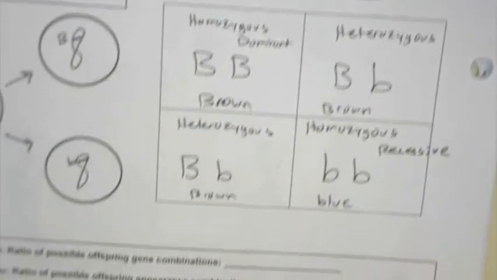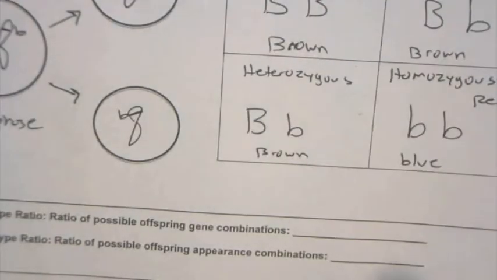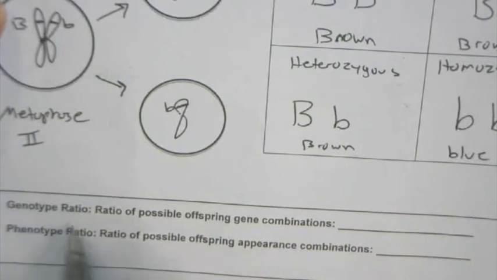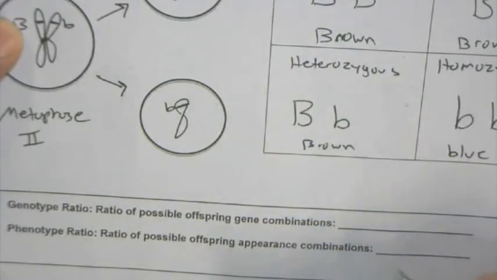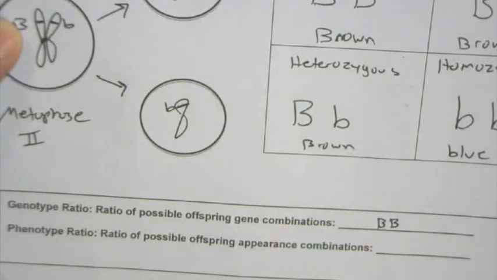If we wanted to figure out or determine the genotype and phenotype ratios for these offspring, we could do so. The genotype ratio is the ratio of possible offspring gene combinations. So to do that, we need to look back at our Punnett square. Our first genotype possibility is capital B capital B, homozygous dominant. And of the 4 total offspring possibilities, only one of these is homozygous dominant.